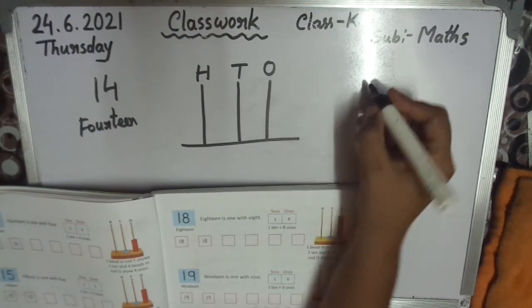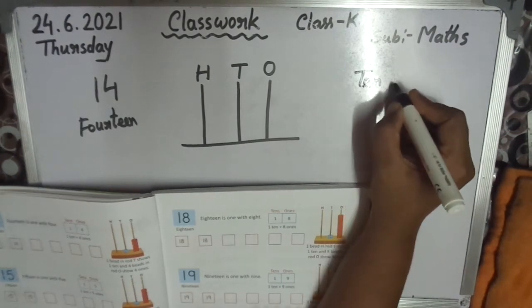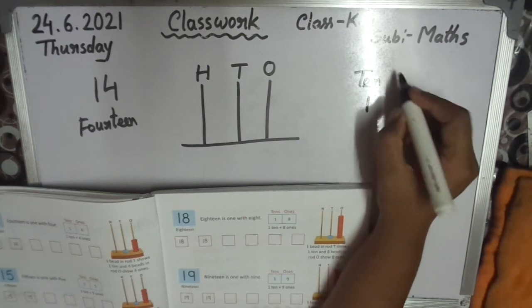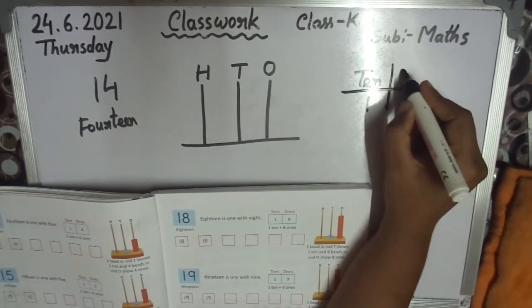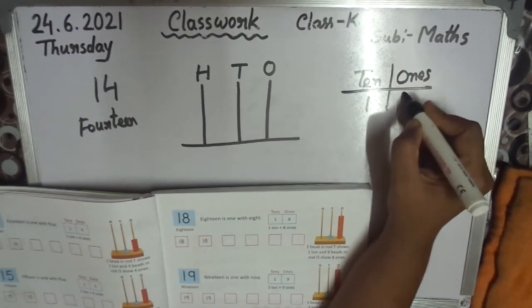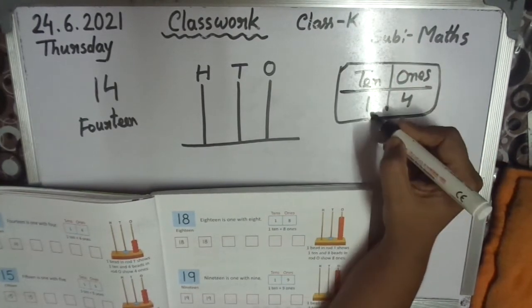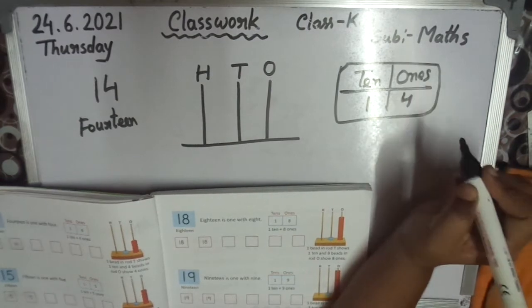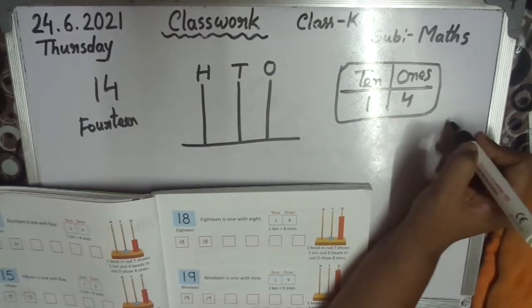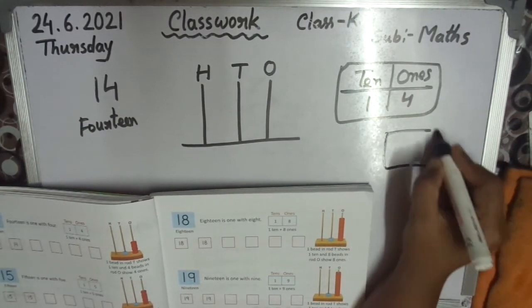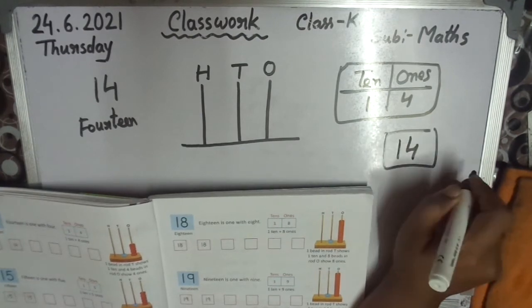So tens 1, ones 4 make 14. 1 ten 4 ones. 1 4, 14.